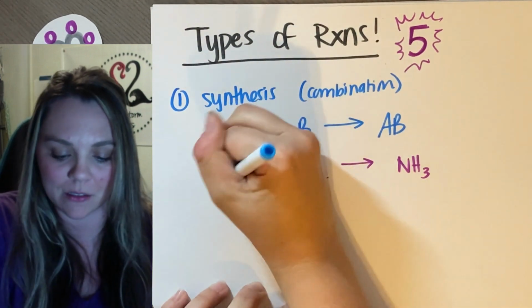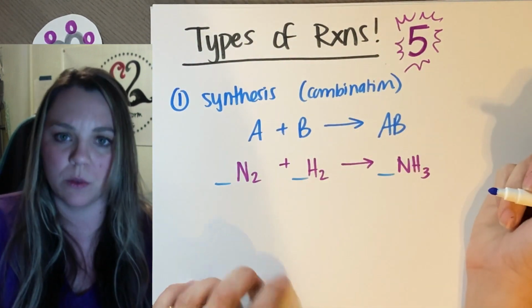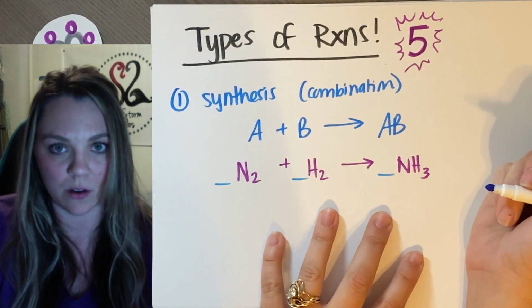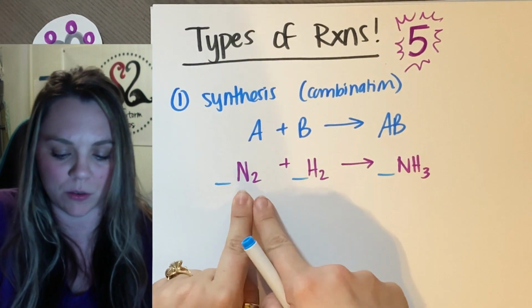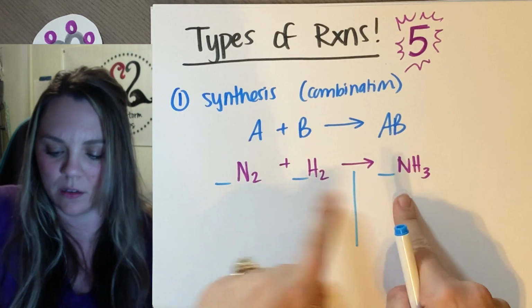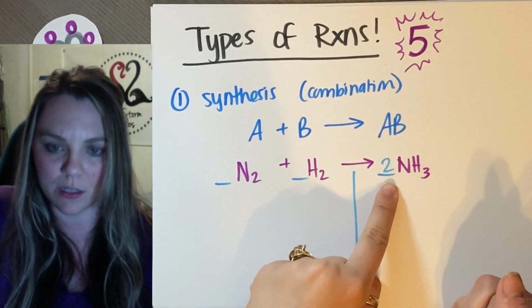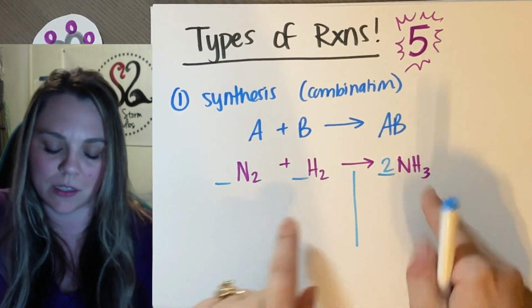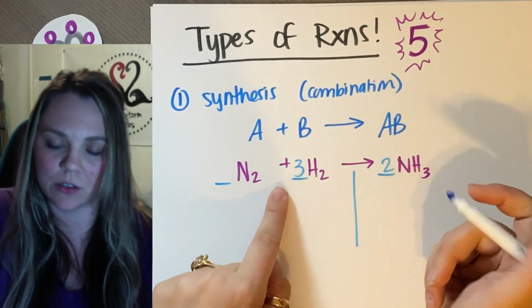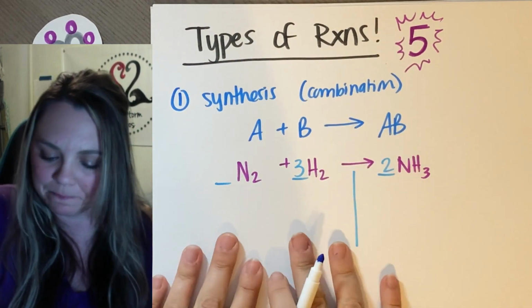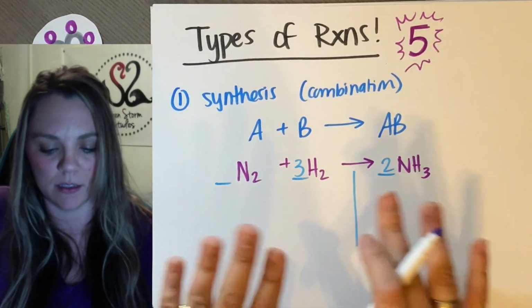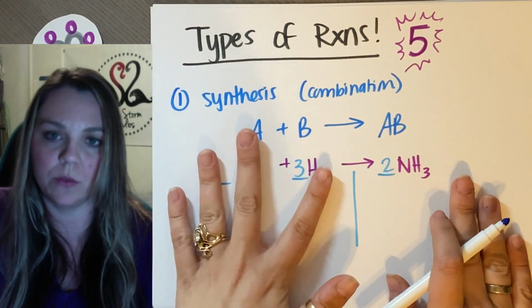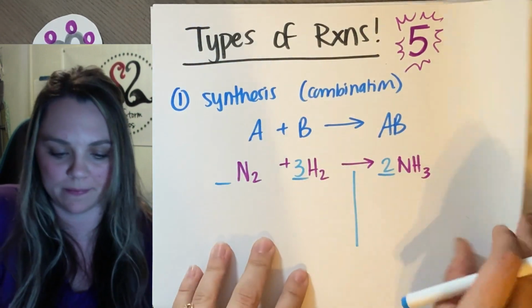This isn't balanced, so of course you would want to balance your equation and make sure you know how to do that, right? But 2 nitrogens on this side, I need 2 nitrogens on this side, so now I have 2 times 3, so 6 hydrogens, 6 hydrogens, now I'm good, okay. But this is synthesis, okay? You take 2 or more things, put them together.